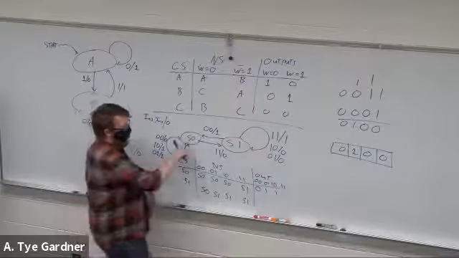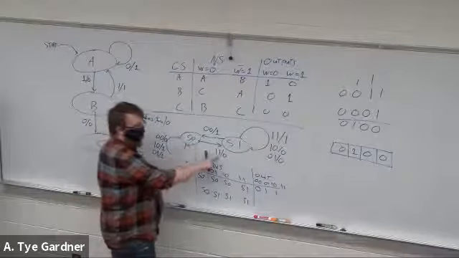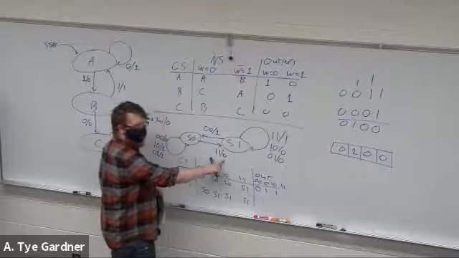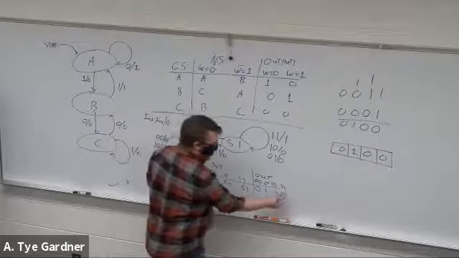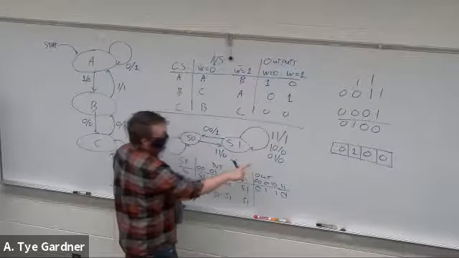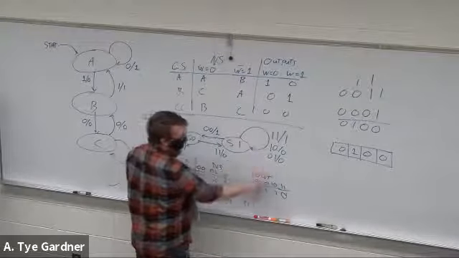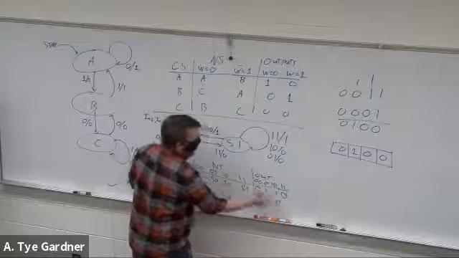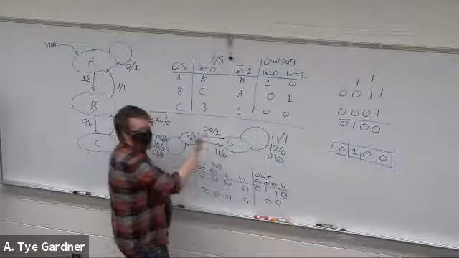Keep going. If I'm in state 0, I see 1 1 as my input, my output is 0. And then we go and do the same thing for this guy. So 1 0 or 0 1, I get zeros. And then 1 1 or 0 0, I get 1.